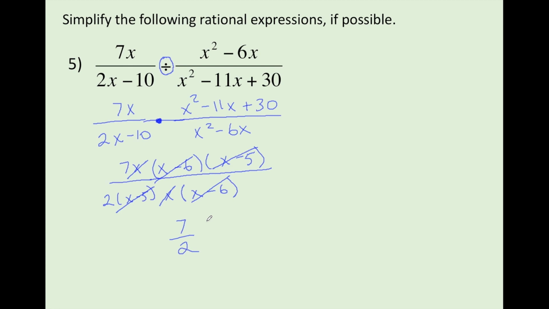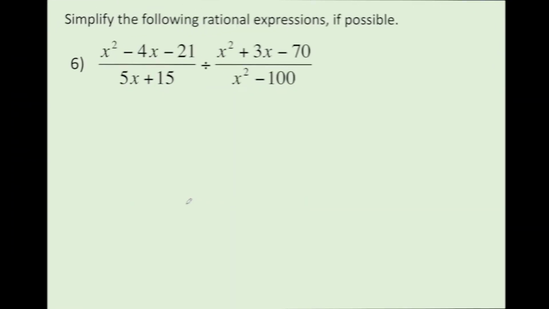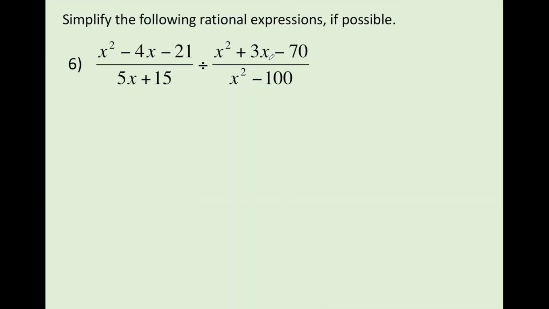Okay, here we go. Final answer, 7 over 2. So division turns into a multiplication when you multiply by the reciprocal. Problem 6, do this on your own, come back and check your answer.